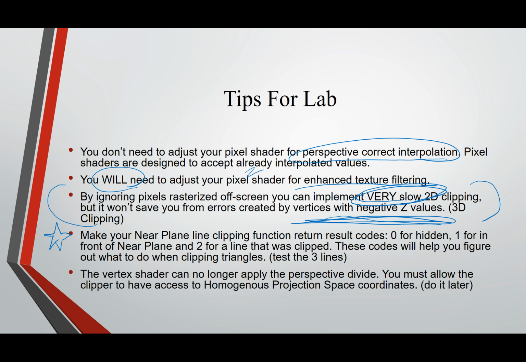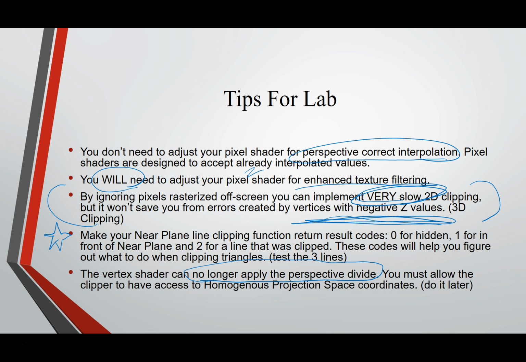Finally, and probably most importantly, the vertex shader can no longer apply the perspective divide. Because if you make your vertex shader do the perspective divide, well, now you've ruined your chance to do any clipping. In fact, when you start moving into doing 3D hardware, you'll notice that you'll be like, where's the perspective divide?